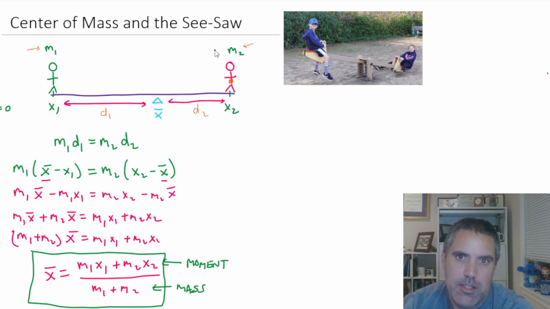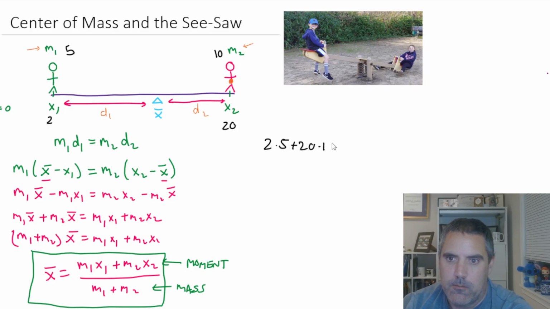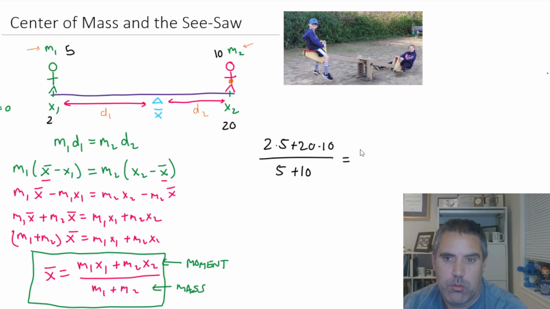If this mass is 10 and this is 5, and this position is 2 and this is 20, it says what you need to do is multiply 2 times 5 plus 20 times 10, and divide by the total mass of the system, which is 5 plus 10. I just made up these numbers, but let's see what happens. We get 10 plus 200, so 210 divided by 15.